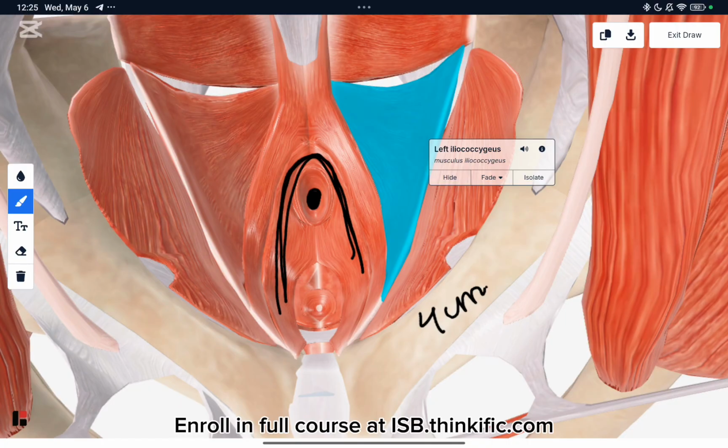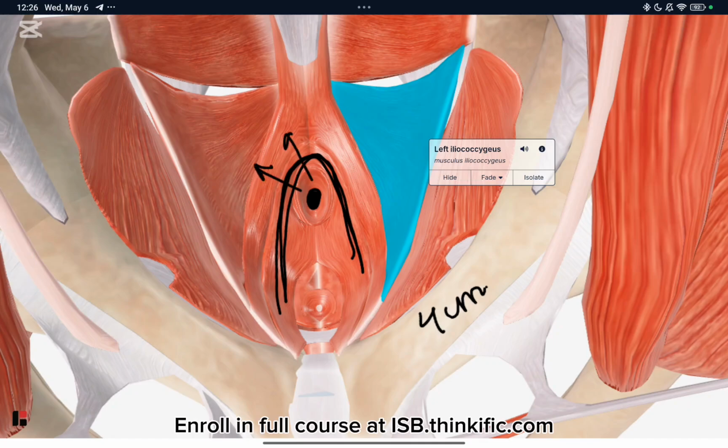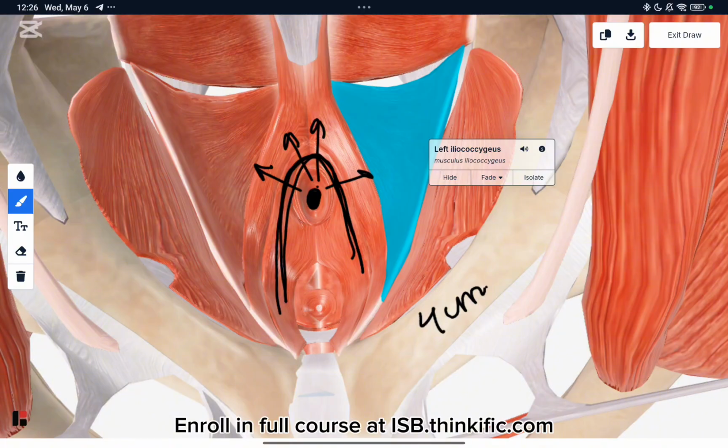They tell you you are feeling a ridge of tissue, a posterolateral ridge, meaning you feel it in this direction, in this direction, but not anterior. Anteriorly, no ridge, but posterolaterally, you are feeling a ridge. What's this ridge? This is an indirect question about puborectalis. This is puborectalis. Common question in the exam, okay?